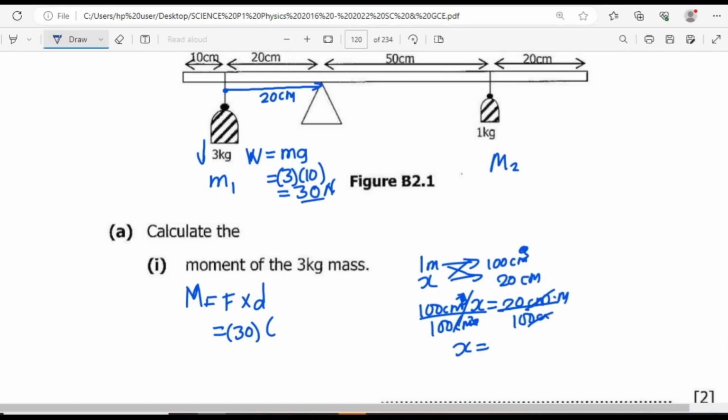So 20 divided by 100, you get 0.2 meters. This is the distance that we are going to use, which will give us 6 Newton meters as our moment.